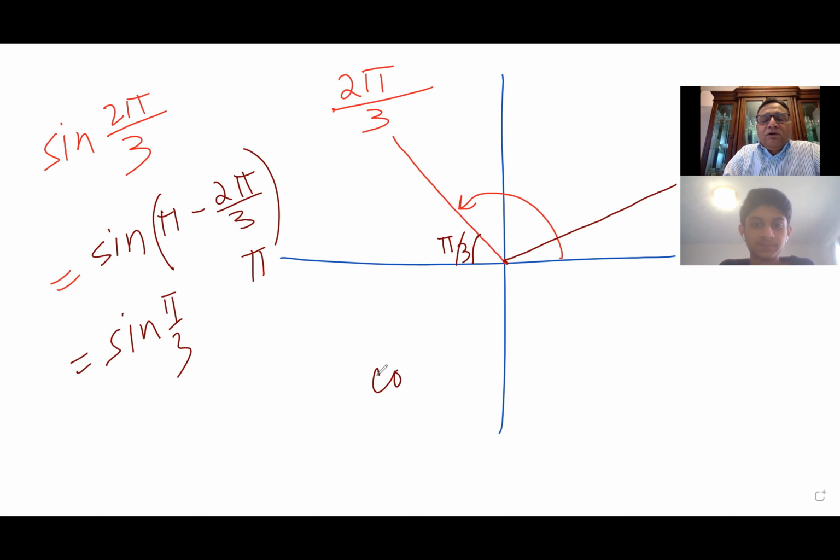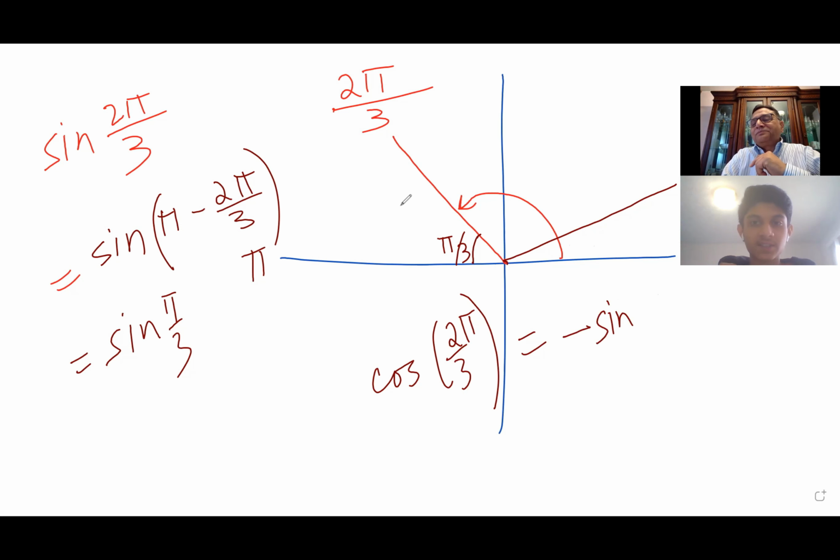If I would have written cos of 2 pi by 3, you will write this as equal to minus sine of pi by 2 plus theta. You could use that concept also, right?